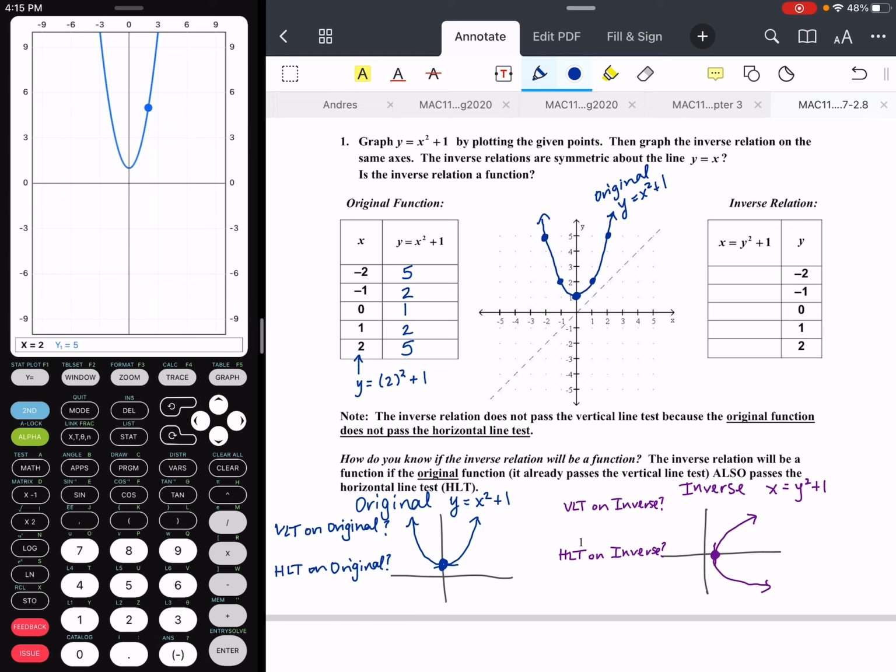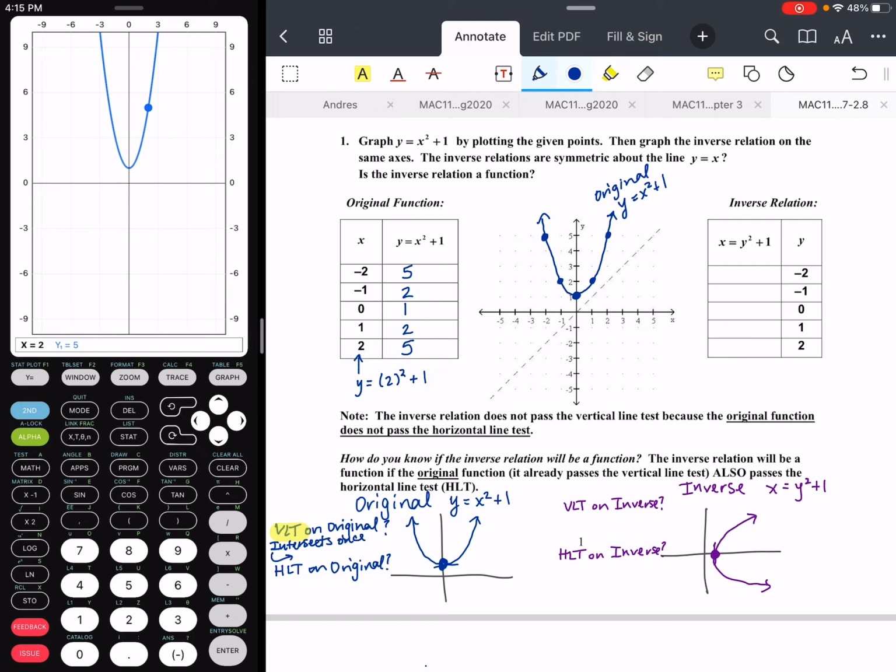Now let's pause for a second. If I were to apply the vertical line test on that original function, and I have a little sketch of the original down here at the bottom, it's going to pass the vertical line test. Any individual vertical line that we draw is going to intersect at most one time. So any vertical line intersects once.